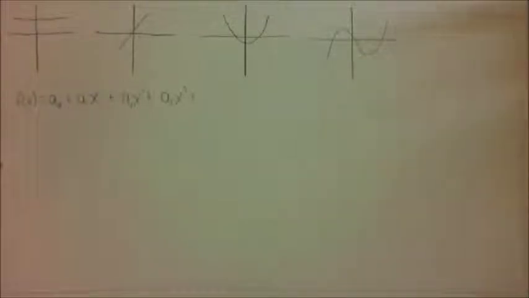And so what this does is that it allows you to approximate functions, and the more terms you have, the more functions you can approximate, and the more closely you can approximate those functions.